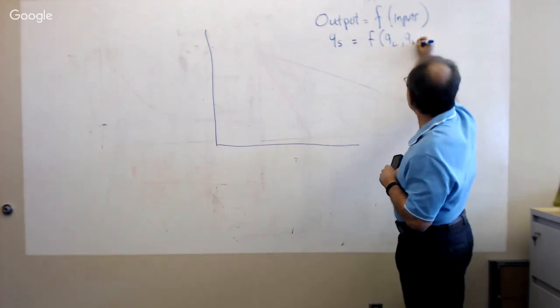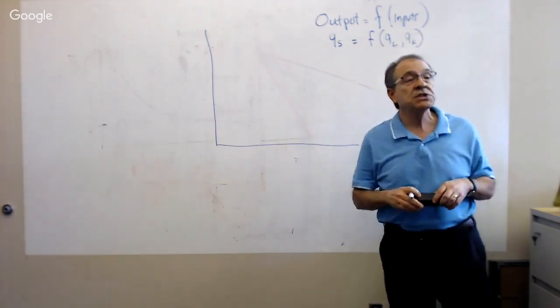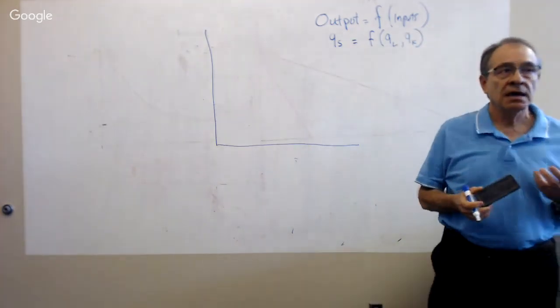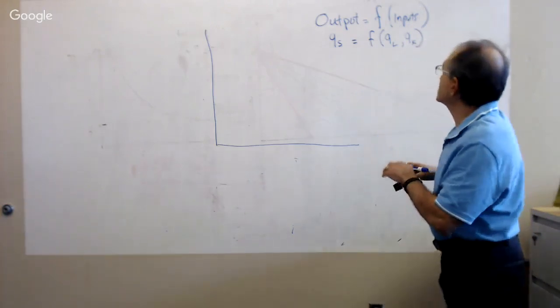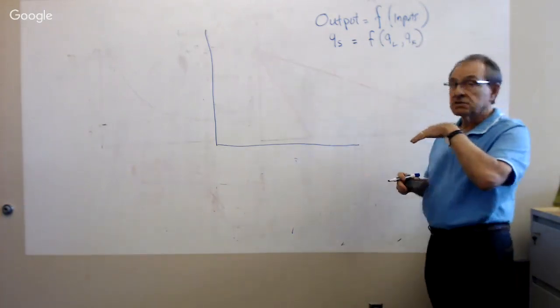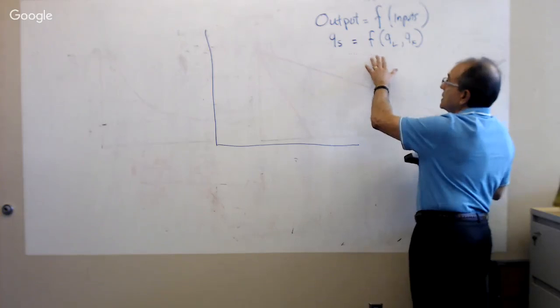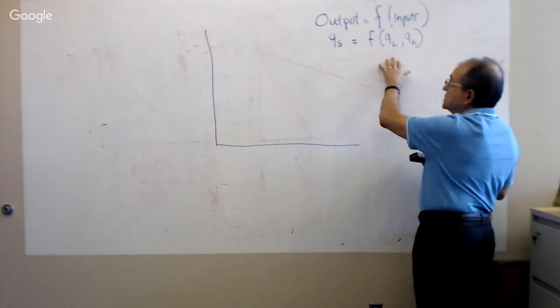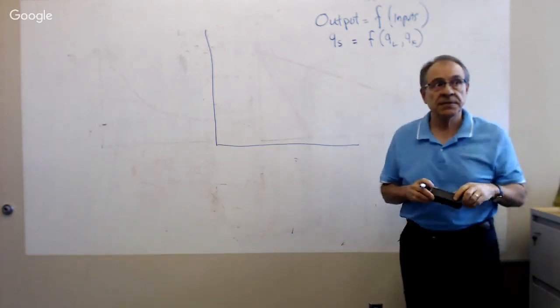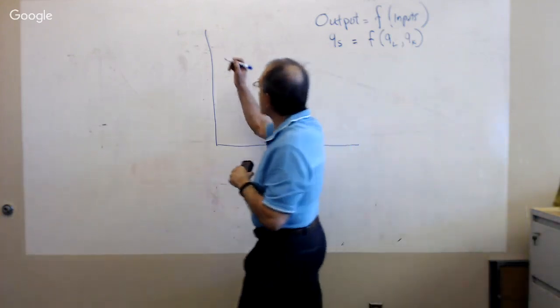Remember, capital refers here to machinery, tools, any equipment. So typically a production function shows us the relationship between the amount of the inputs used and the output that we get. Okay, so let's draw that over here.